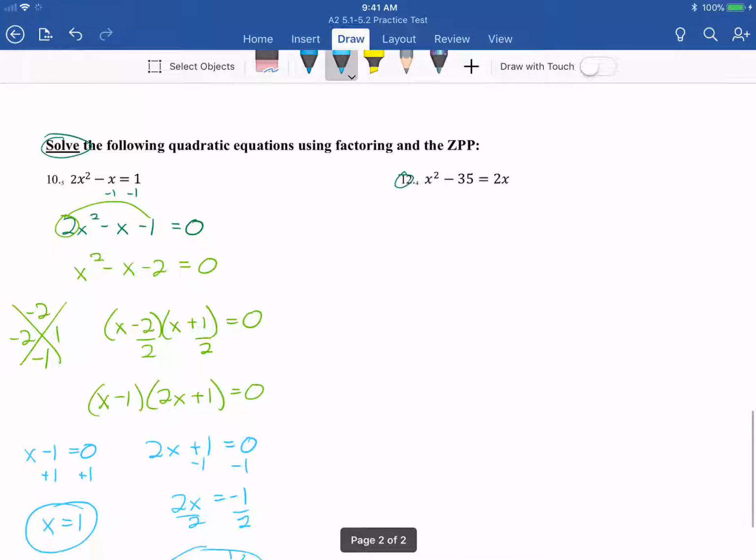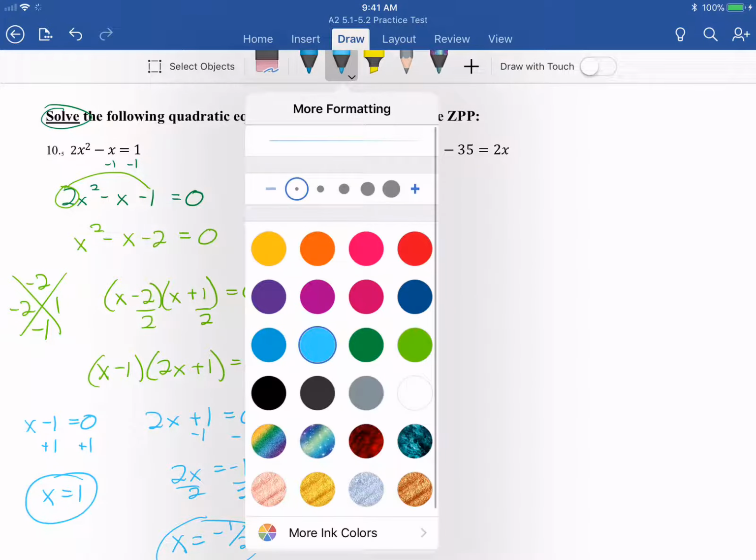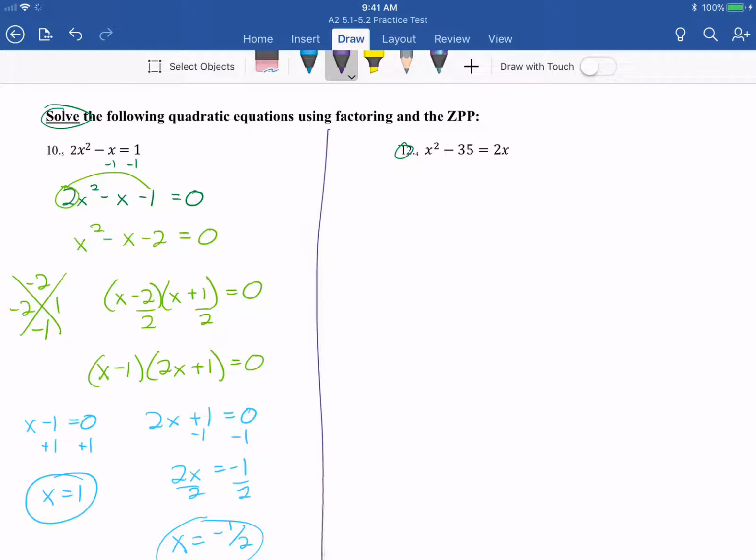All right, going on to the very last one here. This one is not equal to 0 again, so I got to subtract that 2x. So I get x squared minus 2x minus 35 is equal to 0. Notice how I put that minus 2x in between the 35 and the x squared, so I get it back in standard form.